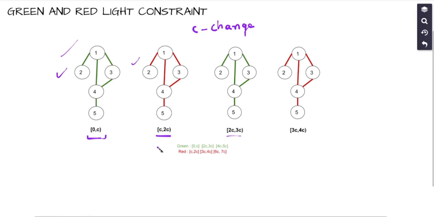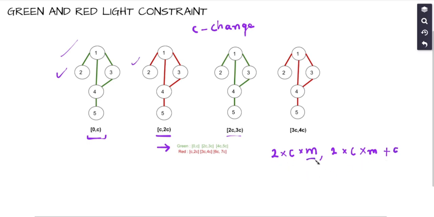So if I list out the green intervals, then they would be 0 to C, 2C to 3C, and finally 4C to 5C. In a general sense, what I can write is 2 multiplied by C multiplied by M to 2 multiplied by C multiplied by M plus C. Fine.